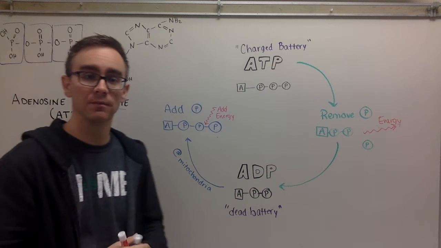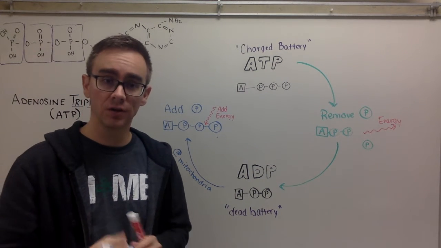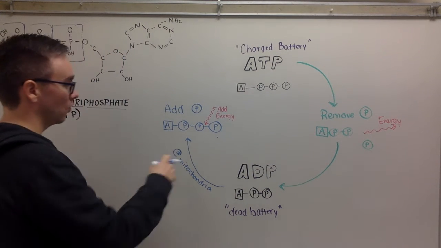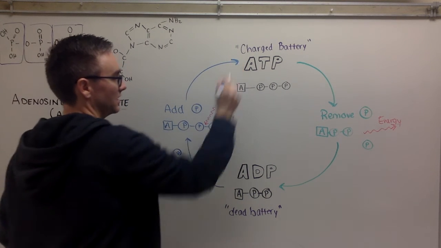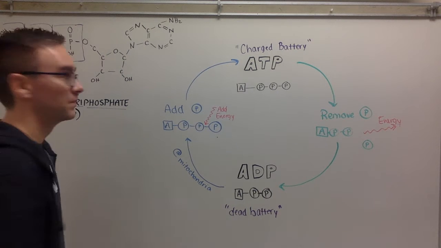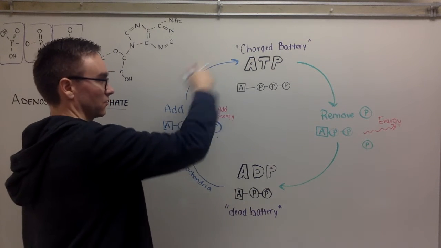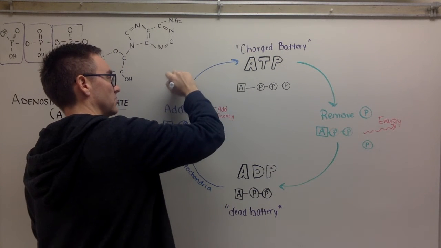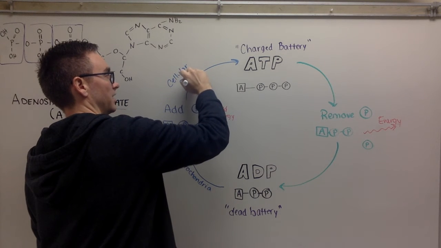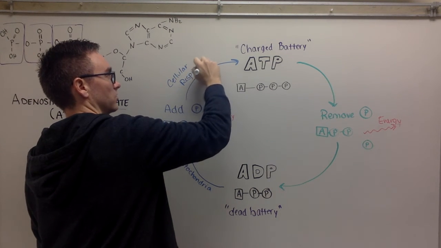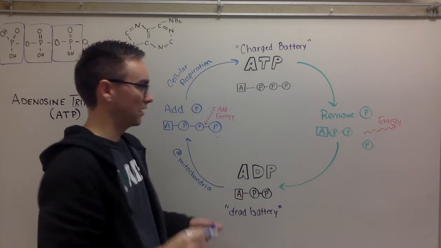That energy comes from the breaking down of glucose. This whole process right here gives us back to that ADP or ATP. This whole blue process I drew right here is what we call cellular respiration. I only bring that up right now because we are going to talk more about that as we go on.